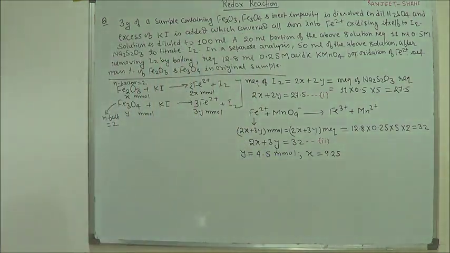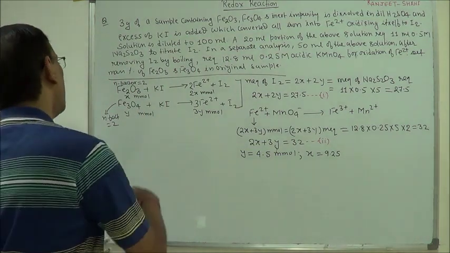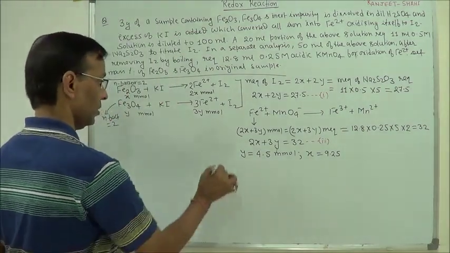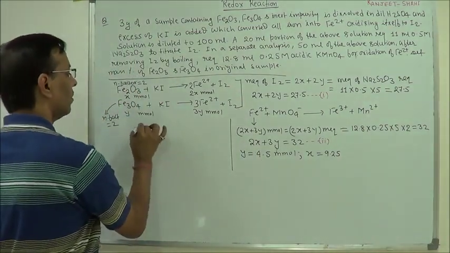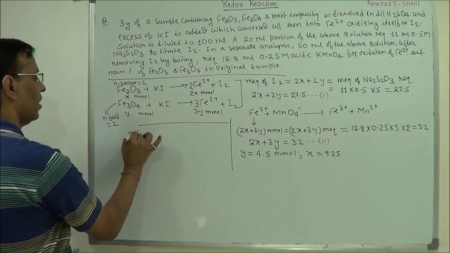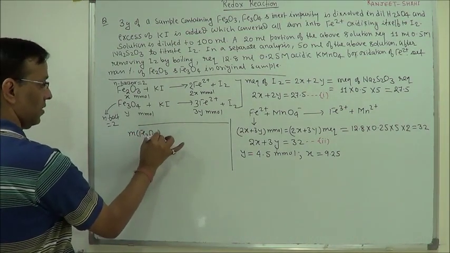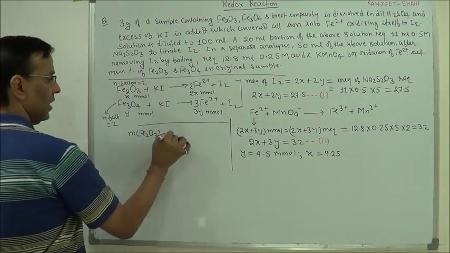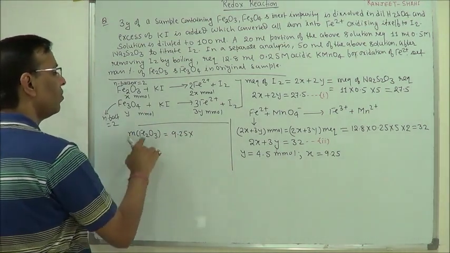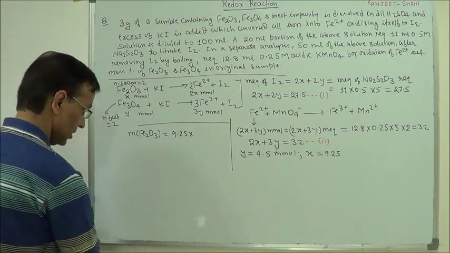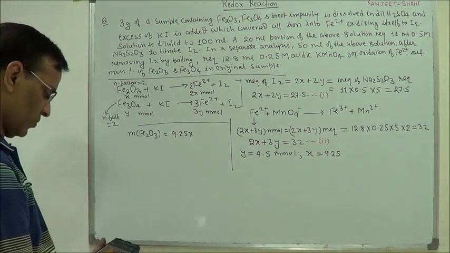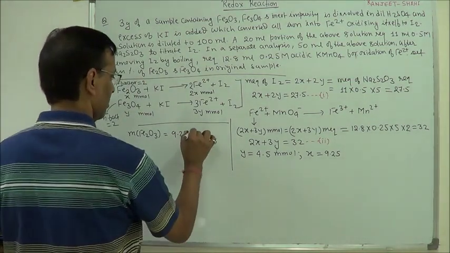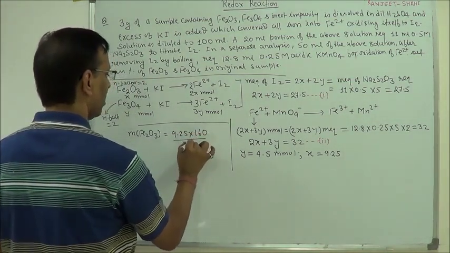So we have got the millimoles of ferric oxide and ferroferric oxide, which can be converted easily into mass. So the mass of Fe2O3 will be equal to x, 9.25, into the molar mass of this, which is 160, probably 112 plus 48, yes, 160, divided by 1000 for milli.